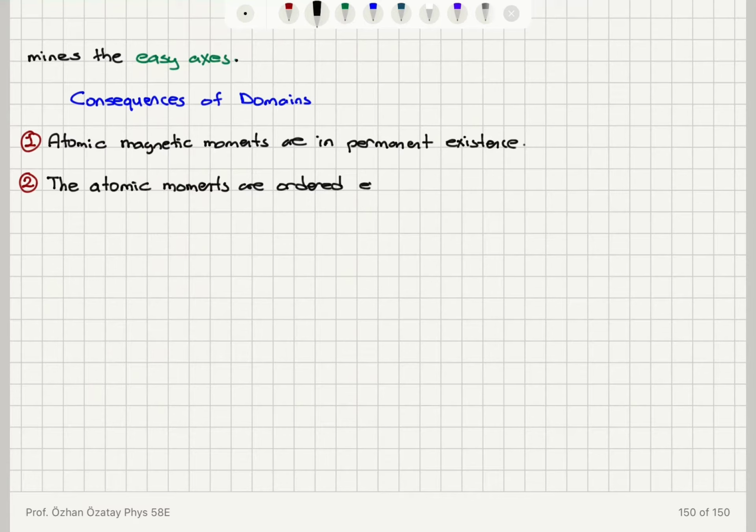So in the demagnetized state, if you look microscopically at what is happening, you see that there are still domains with alignments in different directions.